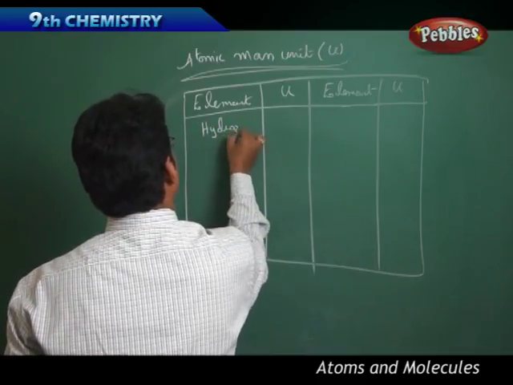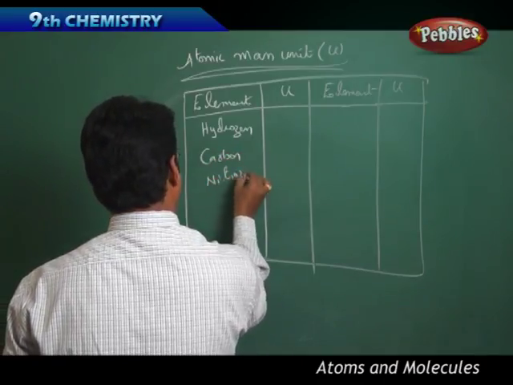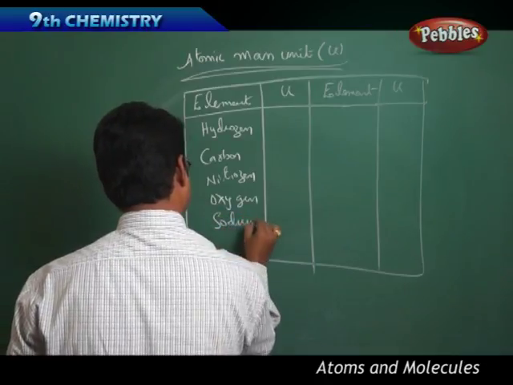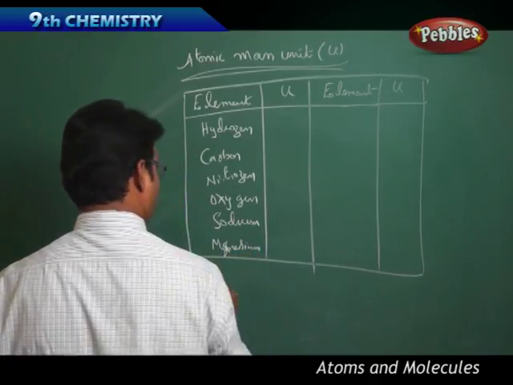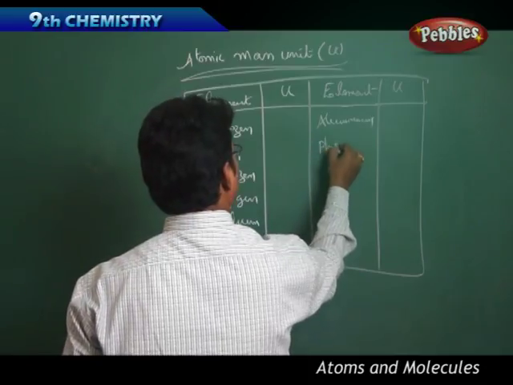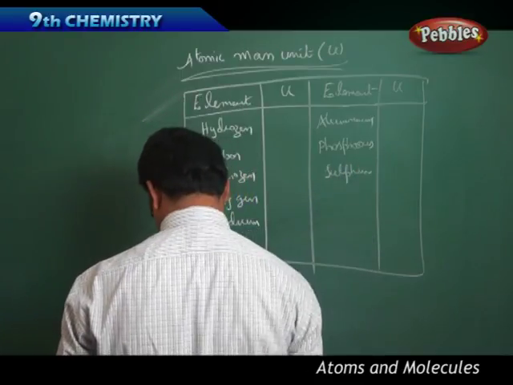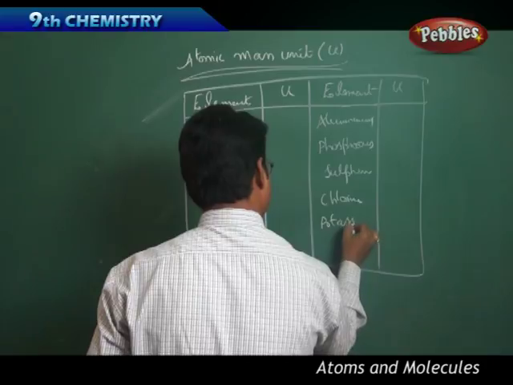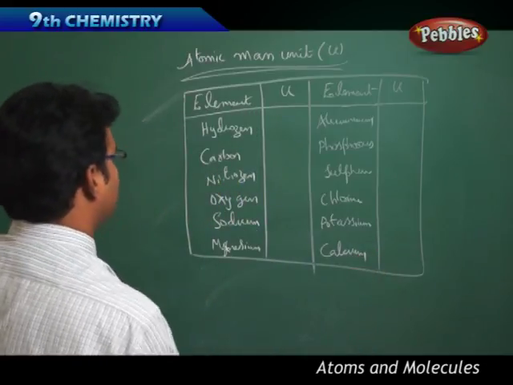Hydrogen, carbon, nitrogen, oxygen, sodium, magnesium, aluminium, phosphorus, sulfur, chlorine, potassium, calcium. So these are some of the elements I have written on the table.